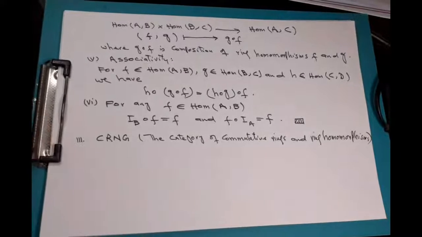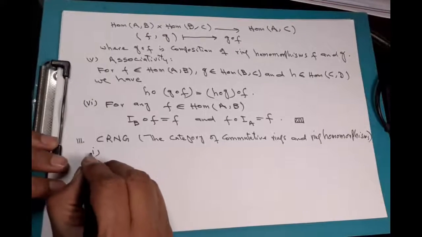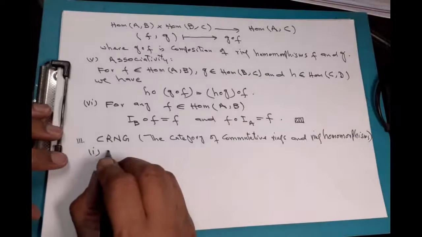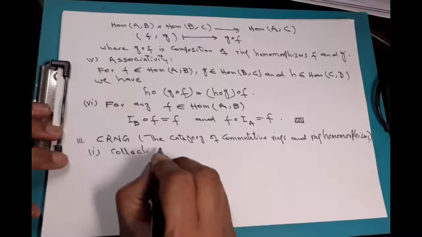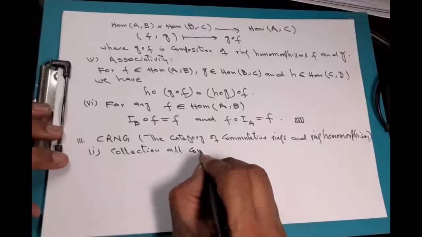And you can very easily see what we are going to write in this case. First of all, as in previous cases, we have the collection of all commutative rings.